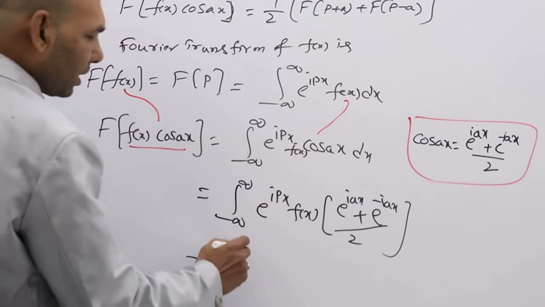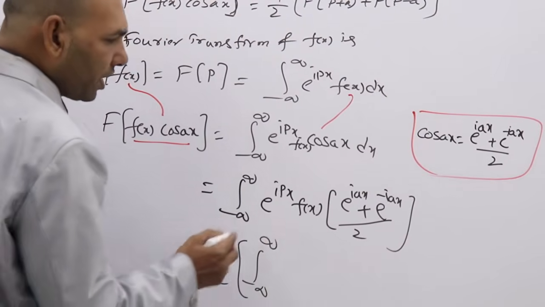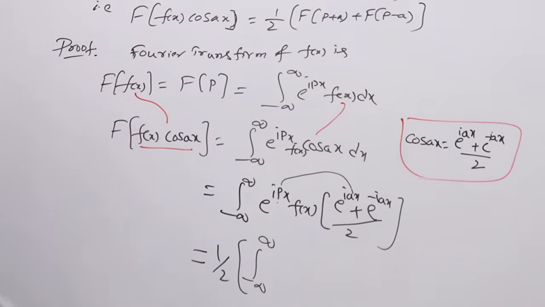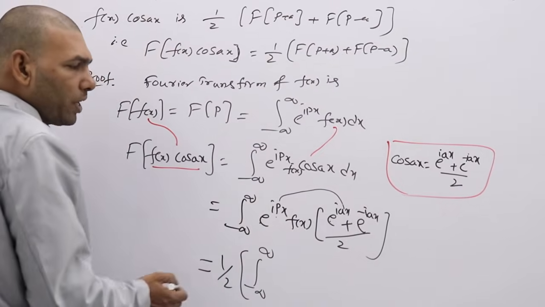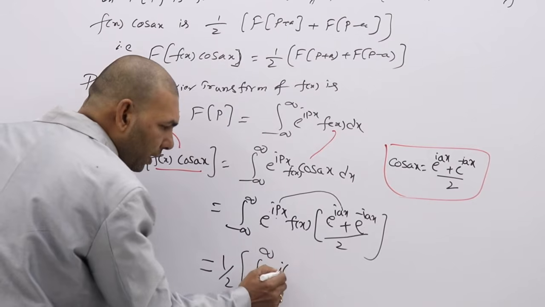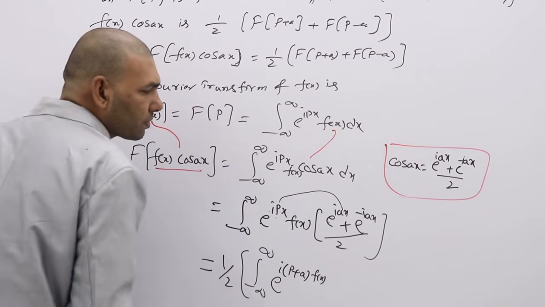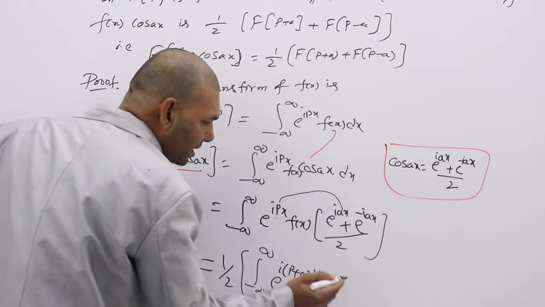Now split this integral into two integrals. Integral minus infinity to infinity e power ipx and e power iax. E power ipx and e power iax bases are equal. You can add exponents and ix are common. So you can write like this, e power i into p plus a x.